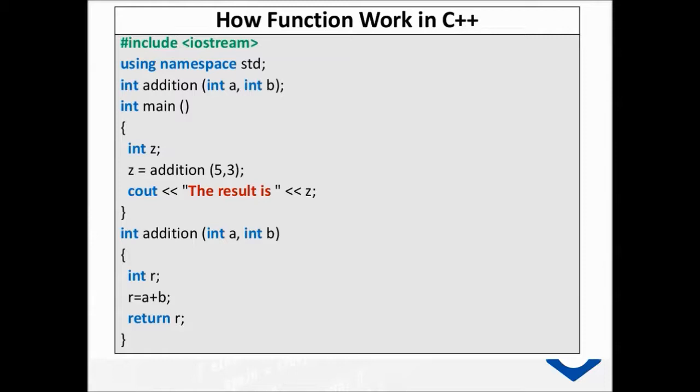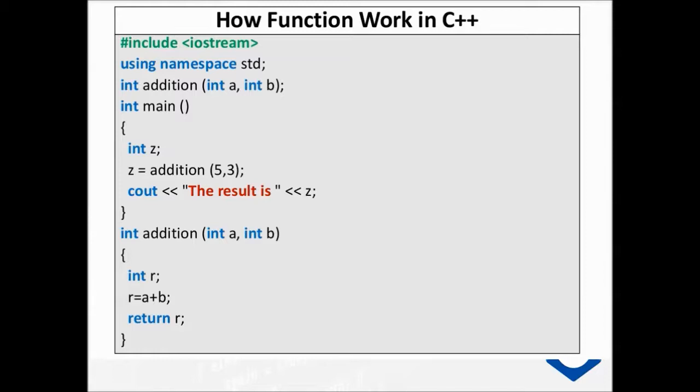In our program, we declare a variable z, and we use this variable as z is equal to addition 5 into 3. We want to add 5 and 3 and store the result into z. So instead of writing z is equal to 5 plus 3, we use a function addition.